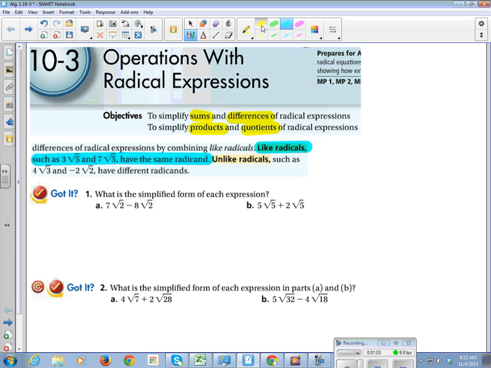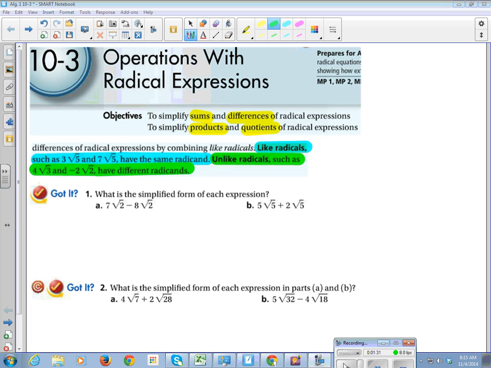And unlike radicals, such as 4 root 3 and negative 2 root 2, have different radicands. So if they have the same thing underneath their radical, they are like radicals. If they have different things underneath their radicals, they are unlike radicals.